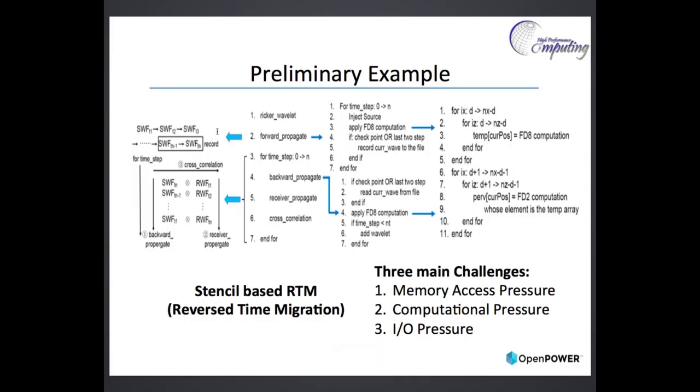To test the performance of CAPI, we use a preliminary example, which is the stencil-based RTM. According to the algorithm shown at the top of this slide, we could figure out that there are 3 main challenges of this program, which are the memory access pressure, computational pressure, and I/O pressure.